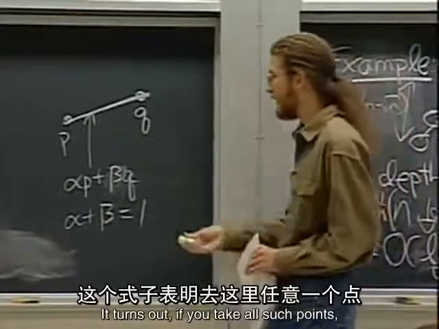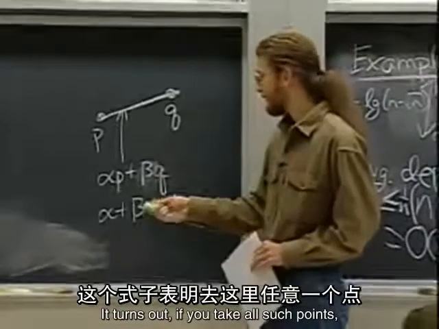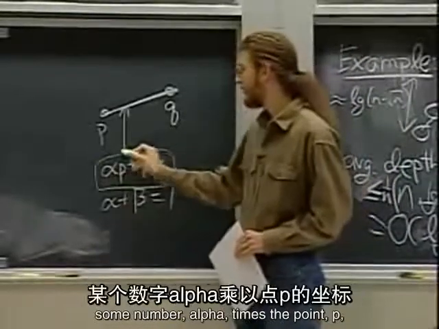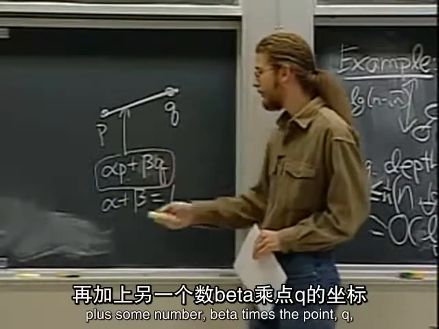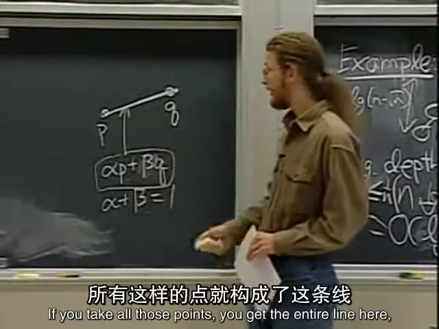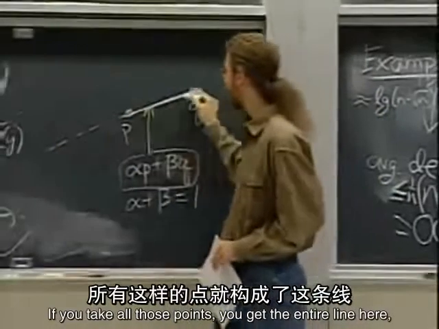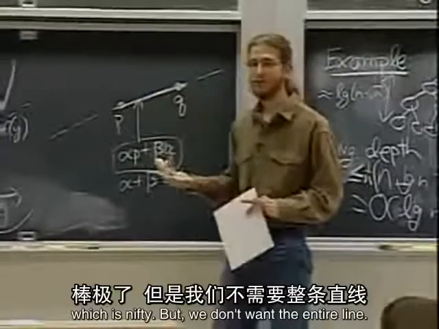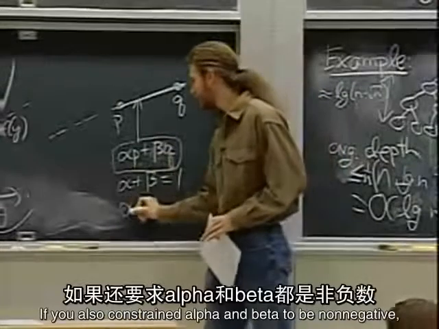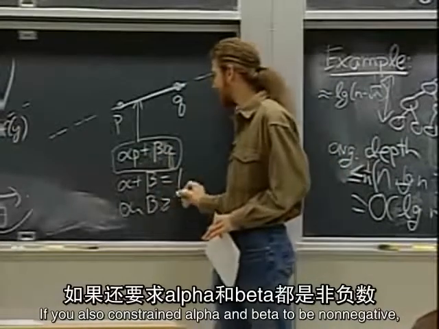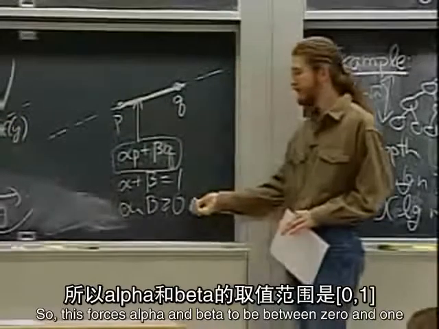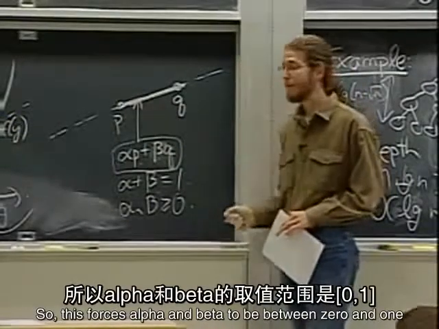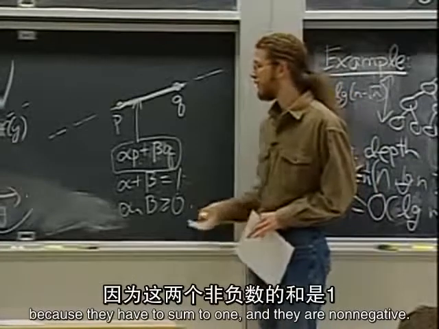If you take all points of the form alpha times the point P plus beta times the point Q, where alpha plus beta equals 1, you get the entire line, which is nifty, but we don't want the entire line. If you also constrain alpha and beta to be non-negative, you just get this line segment. This forces alpha and beta to be between 0 and 1, because they have to sum to 1 and they're non-negative.